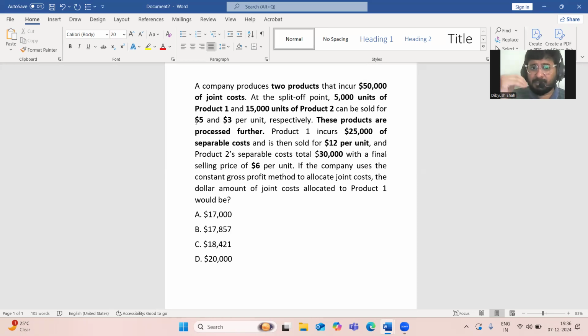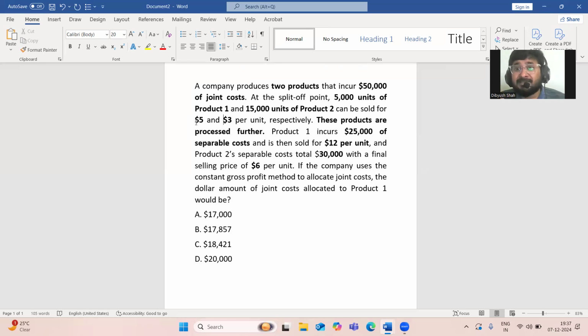But these products are processed further. So company is not selling them at the split off point. They will be processed further. Product 1 incurs $25,000 of separable cost, means identifiable further processing cost. And then it is sold for $12.